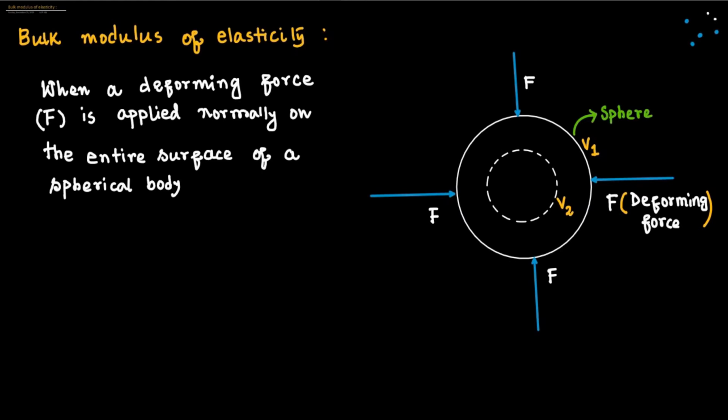When a deforming force F is applied normally on the entire surface of a spherical body of volume V1, within the elastic limit, its volume decreases to V2.